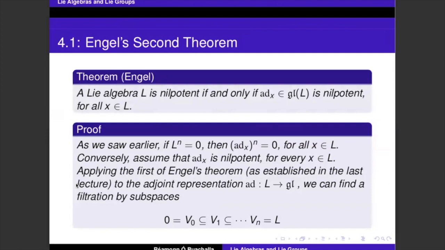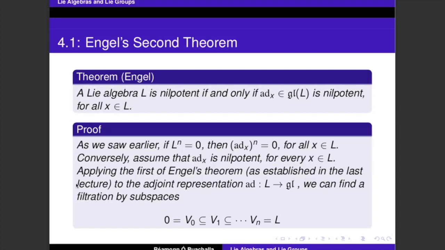Before we do that, though, we have some unfinished business from last week. We had proved Engel's first theorem. Remember, it spoke about a representation of an algebra such that all of the elements ρ(x) in the representation were nilpotent. What we're going to do now is Engel's second theorem, which is a consequence of Engel's first theorem.